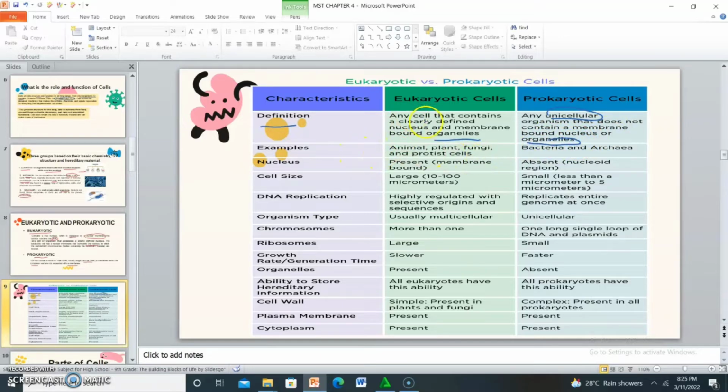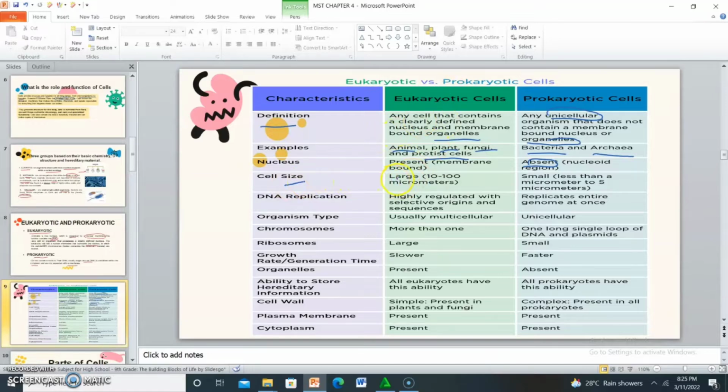Eukaryotic cells are found in animals, plants, fungi, and protozoa, while prokaryotic cells are found in bacteria and archaea. As for the nucleus, it is present in eukaryotic cells, while it is absent in prokaryotic cells.